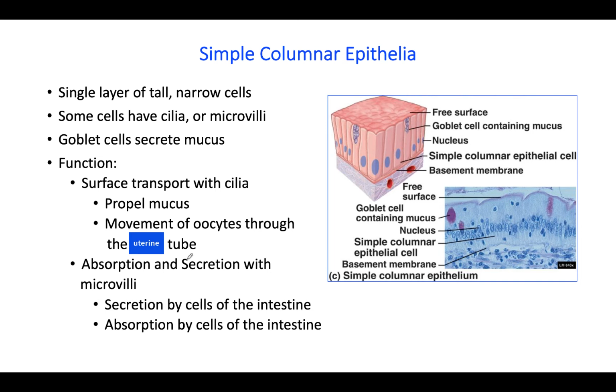Some simple columnar epithelia have microvilli instead of cilia, and those can be observed in the intestine. There, the simple columnar epithelia secrete some digestive enzymes, and the microvilli absorb nutrients.